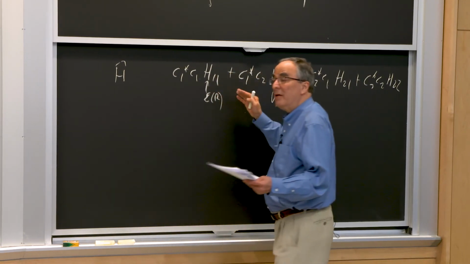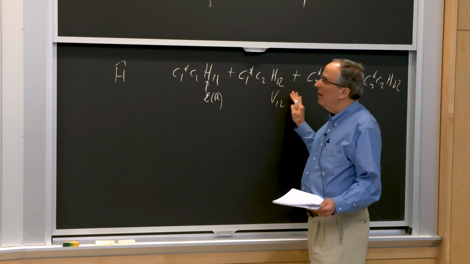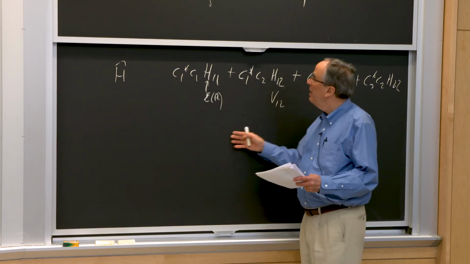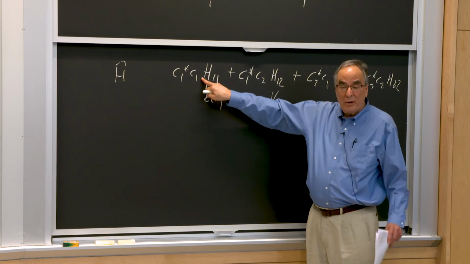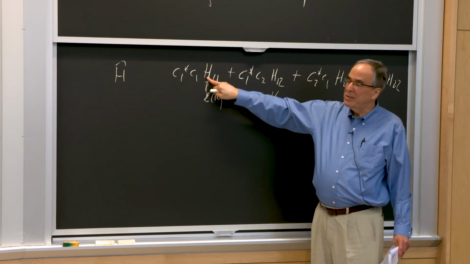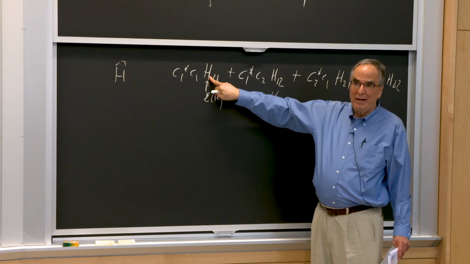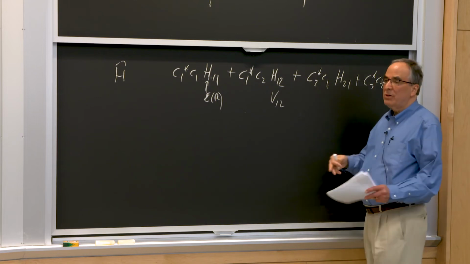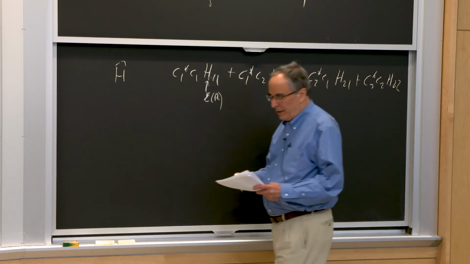But you know how to do this. You know how to do the overlap integral. You're going to have a similar sort of thing. S11 is the overlap of the orbital 1 with itself, and that one is 1. But S12 is S.